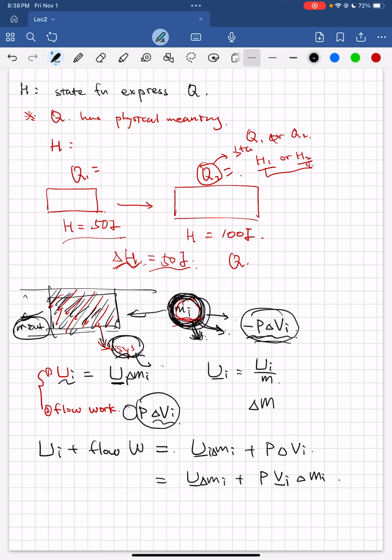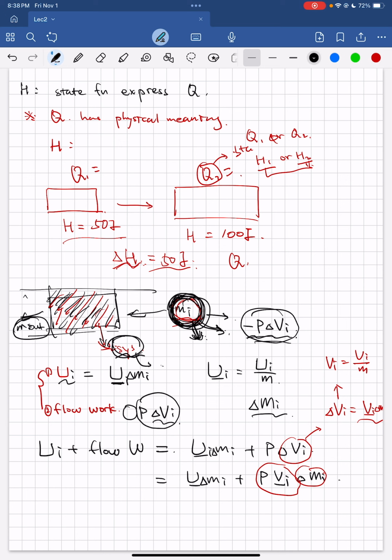Delta Mi is the amount of particle that is coming in. Now this is just coming from this, right? Delta Vi equals vi delta Mi, because vi equals V divided by M. All right.